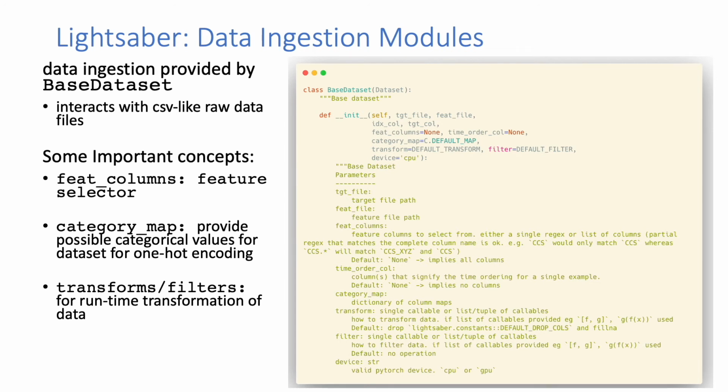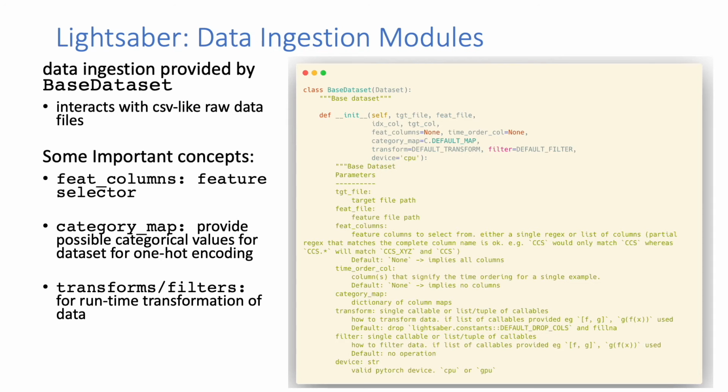This is provided by the base dataset class within the data utils function of the Lightsaber library. We typically interact with CSV-like raw datasets, and on your screen you see several key components that define how to use a base dataset.